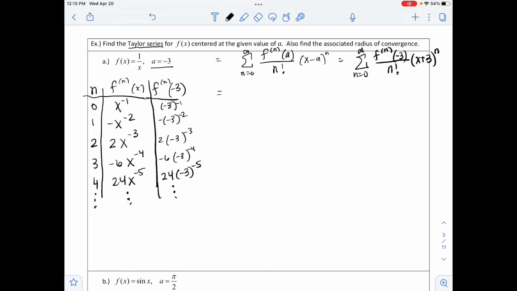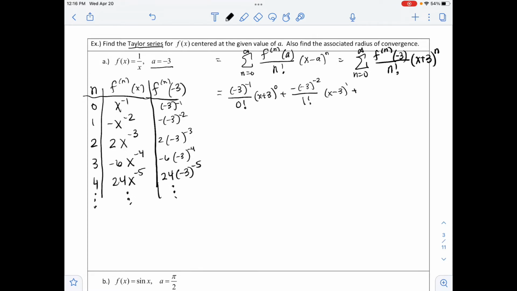So for the first term, I'm going to have -3 to the negative first over 0 factorial times x plus 3 to the 0 power, plus, and then the first derivative that we have would be -3 to the negative second over 1 factorial times x plus 3 to the first.